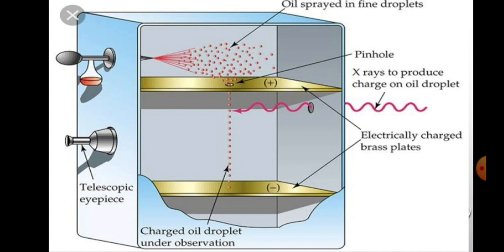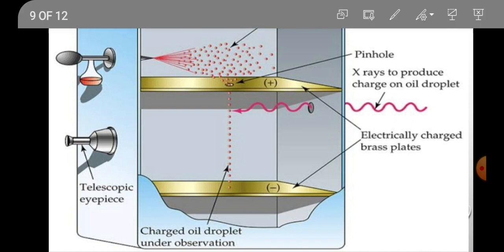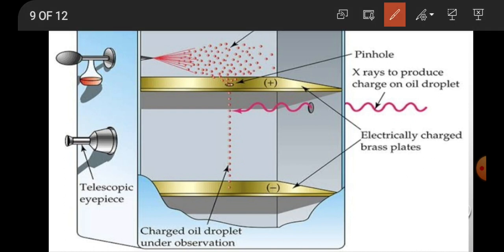Let's look here at the equipment that Millikan used to do the experiment. There is the big chamber, and I'm showing a cross section of it here.